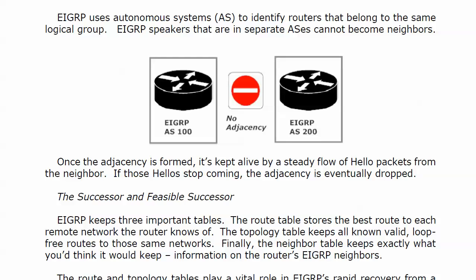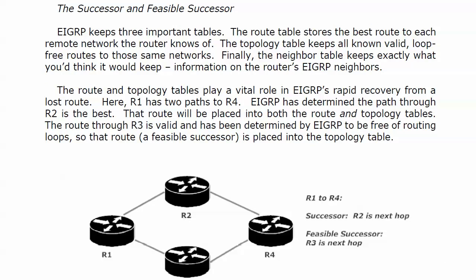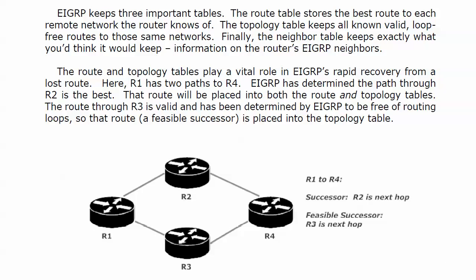Right now, before we get to our first live lab, let's spend a little more time with the successor and feasible successor. I'm going to bring that router number up. Now, EIGRP keeps 3 very important tables. You've got to know these, and you've got to know what's in each one. The route table, of course, stores the best route to any known destination, each remote network that the router knows of.